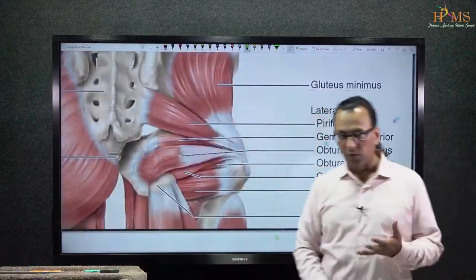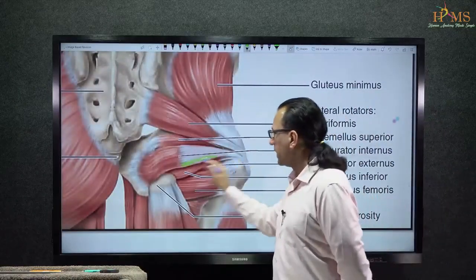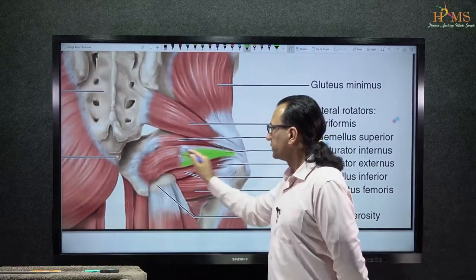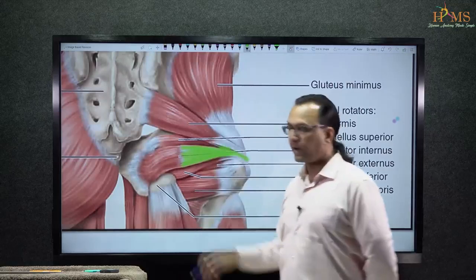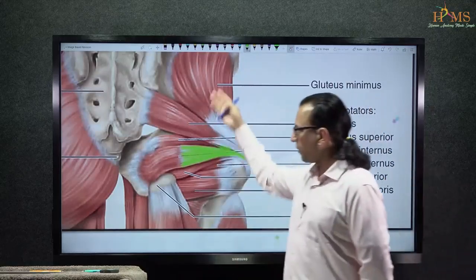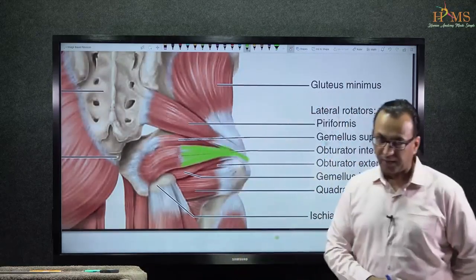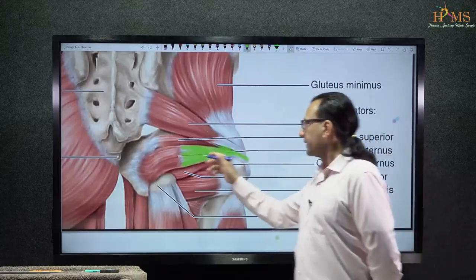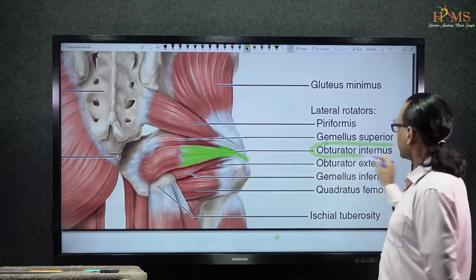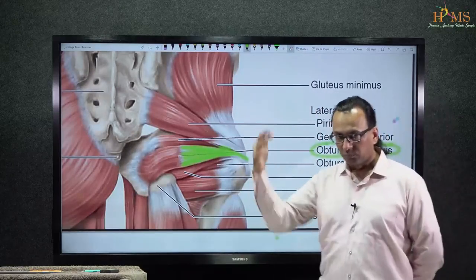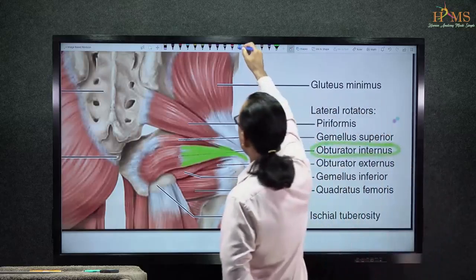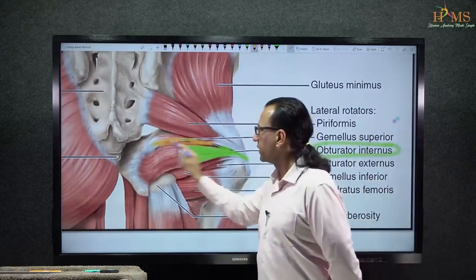The very first thing you are supposed to do is search for the tendon of the obturator internus. Finding a tendon will be easy among all these muscles. As you find the tendon of obturator internus, it will be sandwiched between two twin muscles, namely the superior and inferior gemellus.